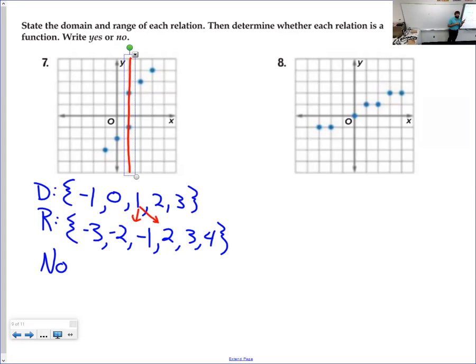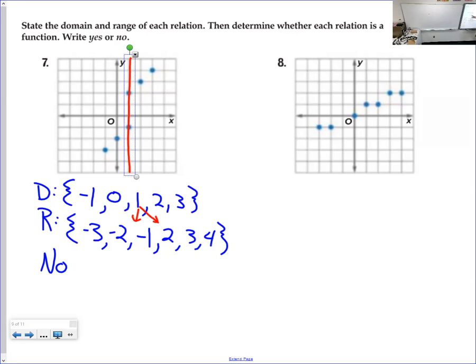Does that make sense? So this is not a function because of that, right? You can also look at it through domain and range, but visually that helps. That's actually how we determine whether or not it's a function. That's the visual representation of the definition. Second one, do you think that this is a function?